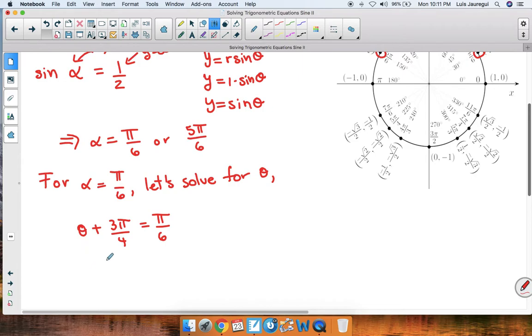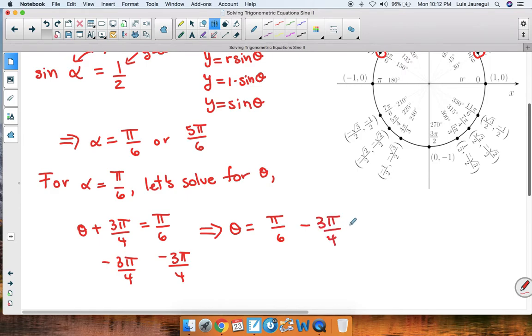Now we're going to subtract the 3 pi over 4 from both sides to isolate the theta. And we simply get that theta is equal to pi over 6 minus 3 pi over 4.